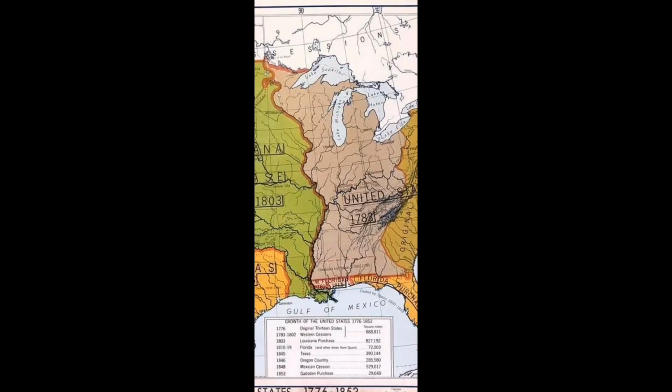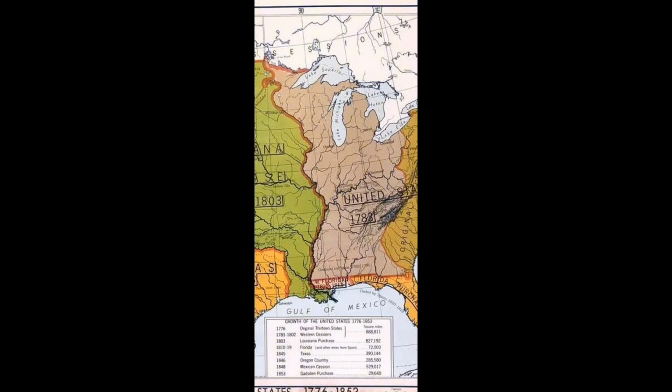So this second area is what I guess is known as sort of the Western Cessions. This would have happened about 1783, and this was sort of that middle ground. Not necessarily no man's land, probably more French claim than British claim, but this is the area they sort of wanted everybody to stay out of.